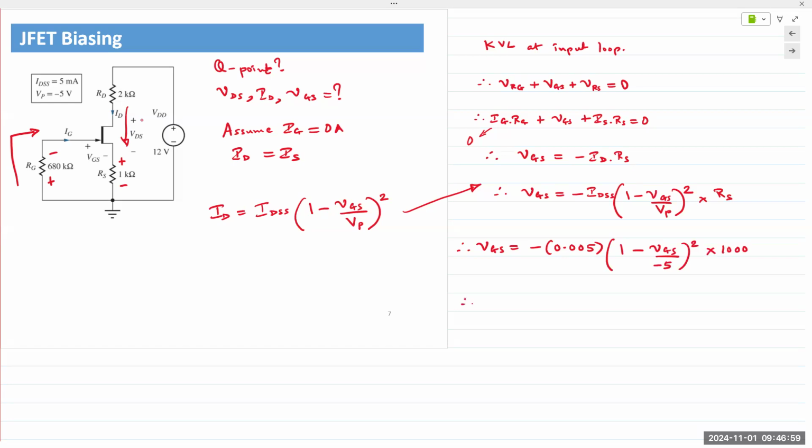We solve this, and we can obtain, let's see, minus 5 divided by 25, and here it would be 5 plus VGS square.